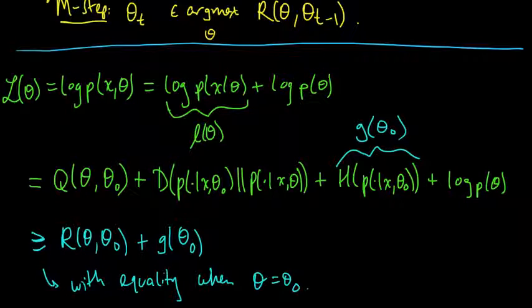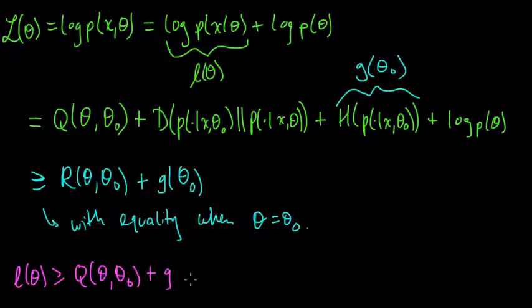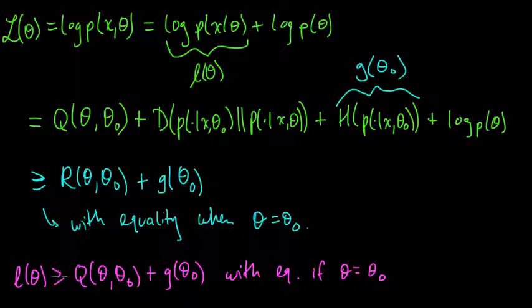So we get a very similar looking condition as before. Just to remind you, before we had that little l of theta was greater or equal to q of theta with theta 0 plus g of theta 0, with equality if theta equals theta 0. And this condition was exactly what we needed in order to show that the sequence of estimates satisfies theta t less or equal to theta t plus 1 for all t.